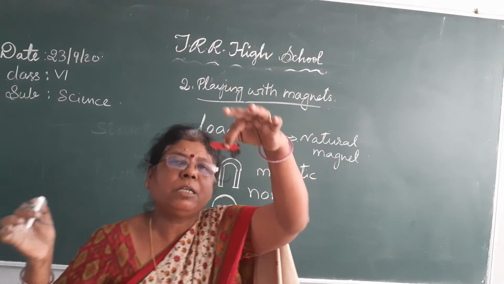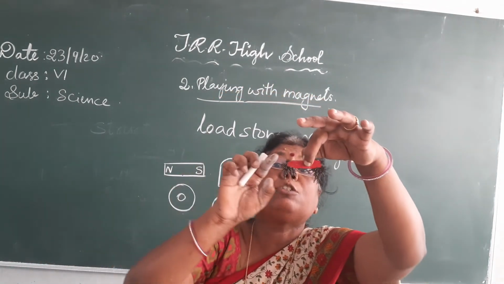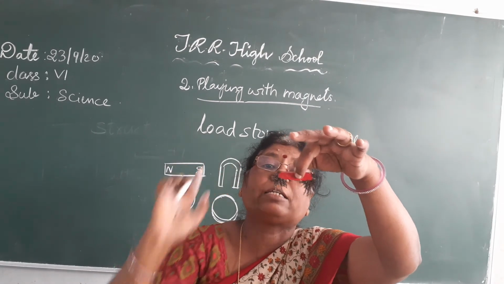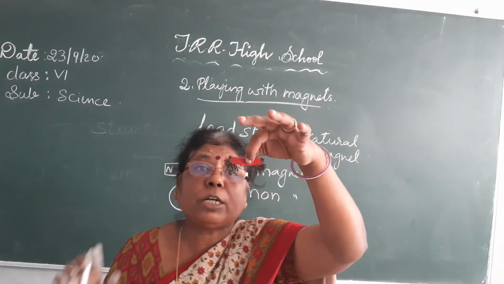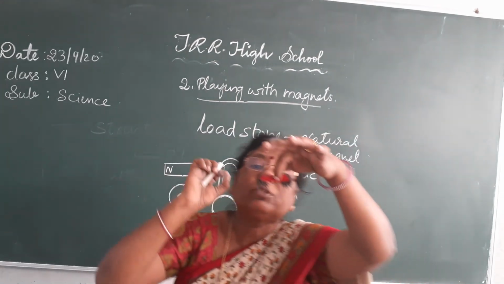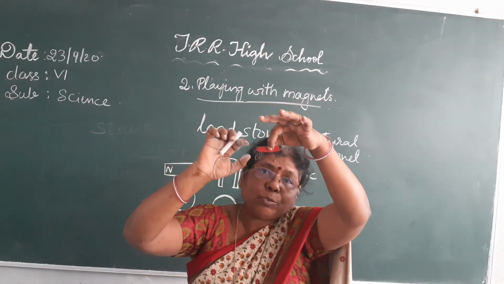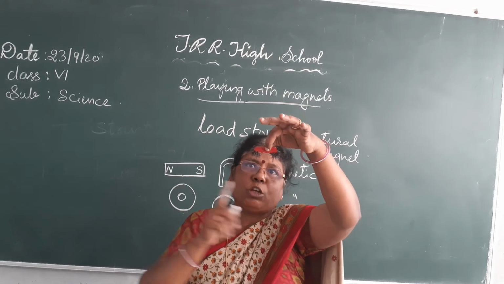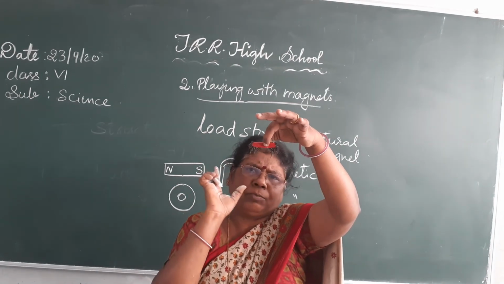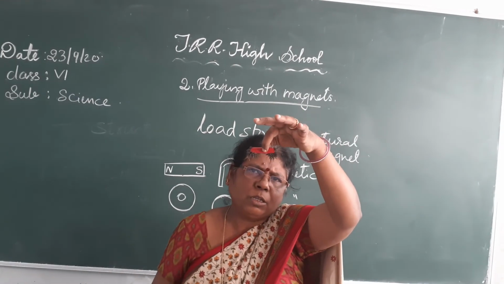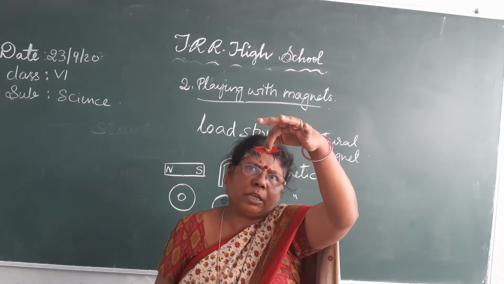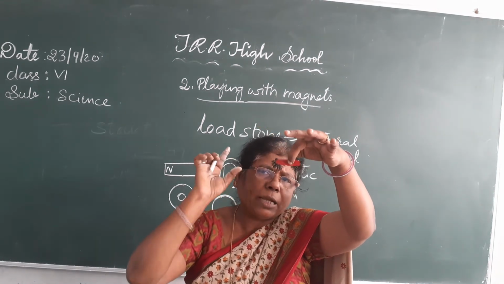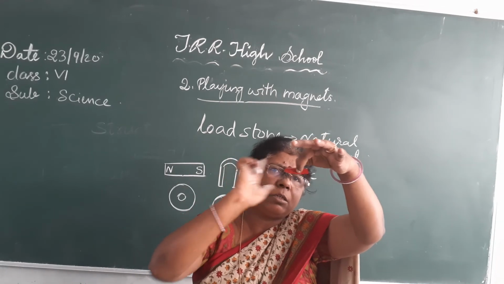So here you see more iron filings towards the poles of the magnet, which means the magnetic property is more towards the poles. In the middle you see very few iron filings, so you see more magnetic power towards the poles.